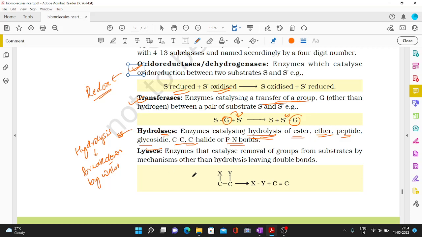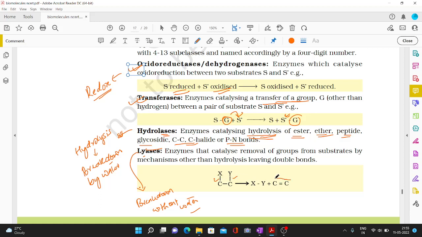Then comes lyases. Lyases basically means breaking down. Lyase also means breakdown, but without water. So if you see here, these two bonds, CX and CY, were broken down.